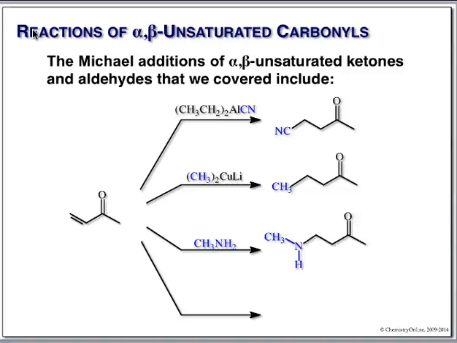Now this is stuff we already know. Predict for me the product of the pentane dione enolate anion with an alpha-beta unsaturated ketone. Draw me a product.